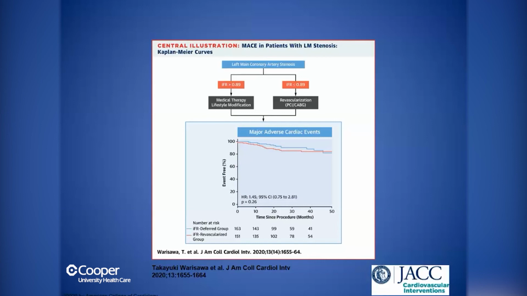The normal cutoff of the iFR is 0.91. But here they went a little lower, so they divided over 300 patients into two subgroups, iFR higher than 0.89 or lower than 0.89, and they based the revascularization therapy on the iFR completely.